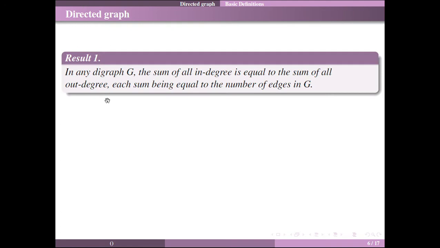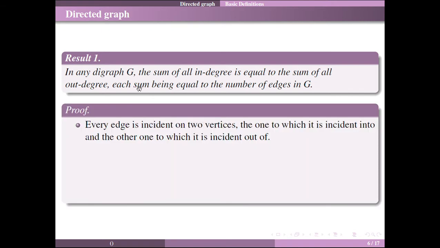We prove a result. In any digraph G, the sum of all in degrees is equal to the sum of all out degrees, and each sum is equal to the number of edges in G. The proof is as follows. As we know, every edge is incident on two vertices, but in case of a digraph, one is which is incident into and the other is which is incident out of.